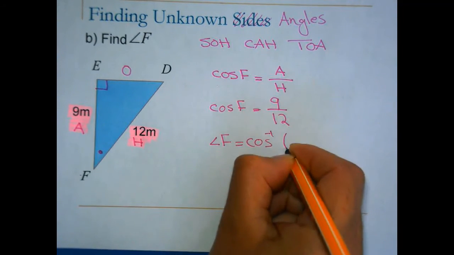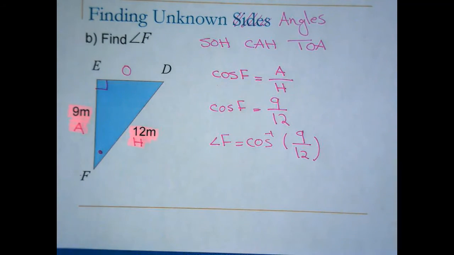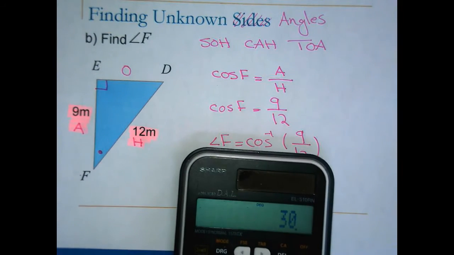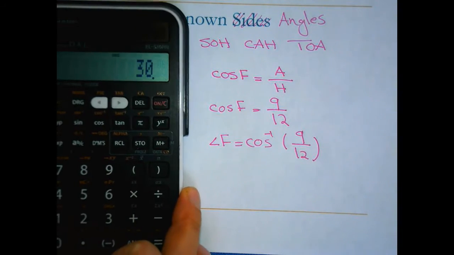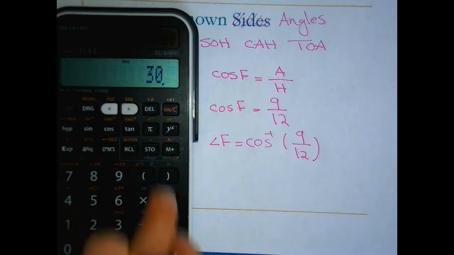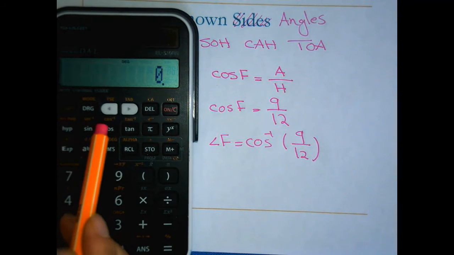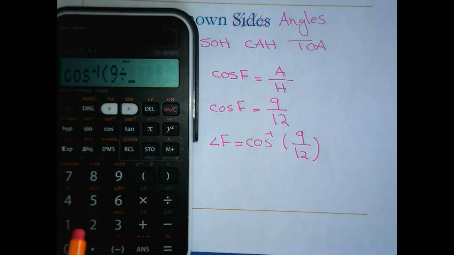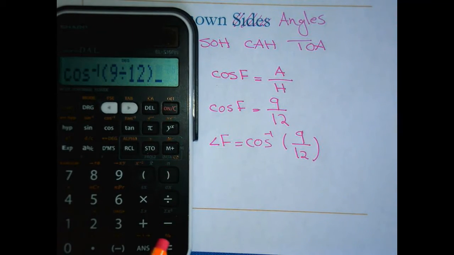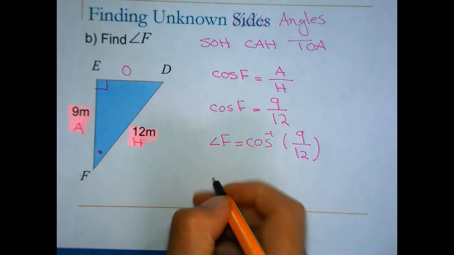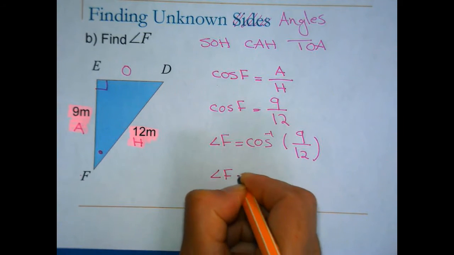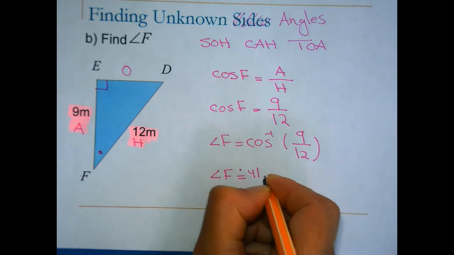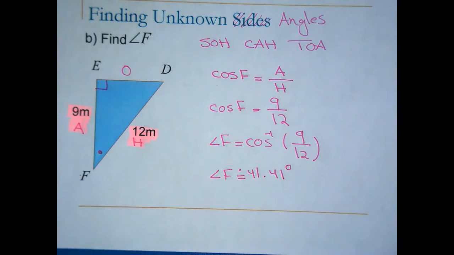Cosine inverse 9/12. So inverse cosine 9 divided by 12, 41.41. So angle F is approximately 41.41 degrees.